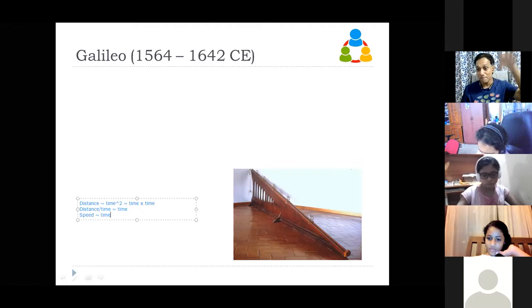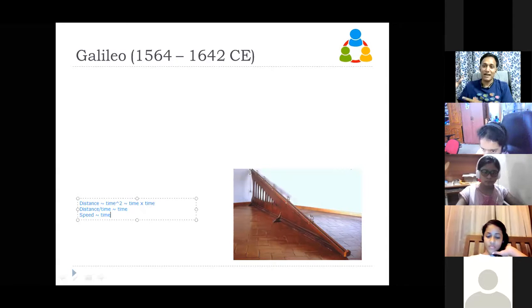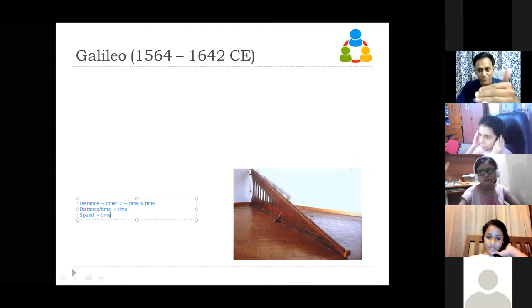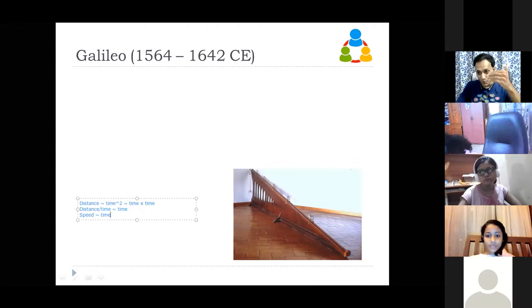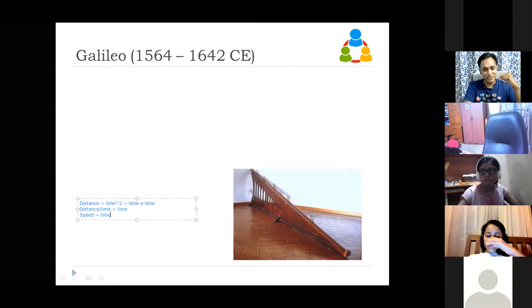So this is a big moment. In the earlier times, the Aristotelian times, they believed that a force is needed to move something, which means to produce speed you apply force. But here, there is a force, he realized, that is the gravitational force.